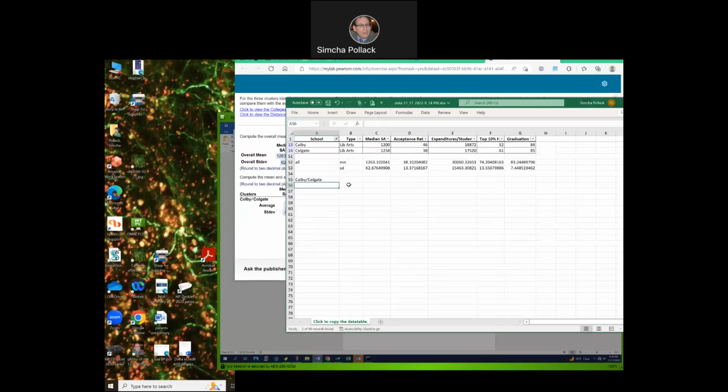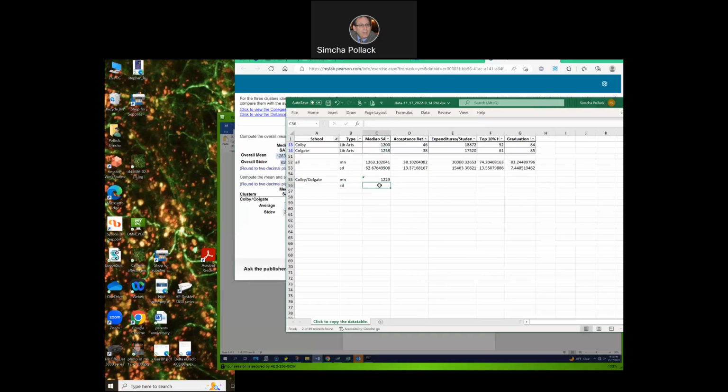And we can say we want the mean for those two rows and the standard deviation for those two rows. It's equal to the average, pulling it down again, enter, and 1229.